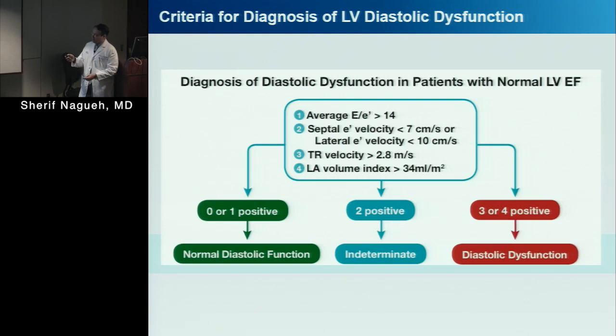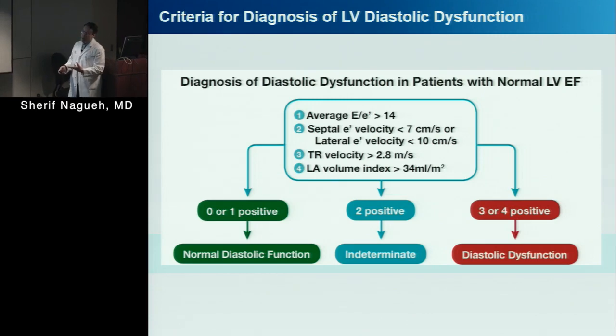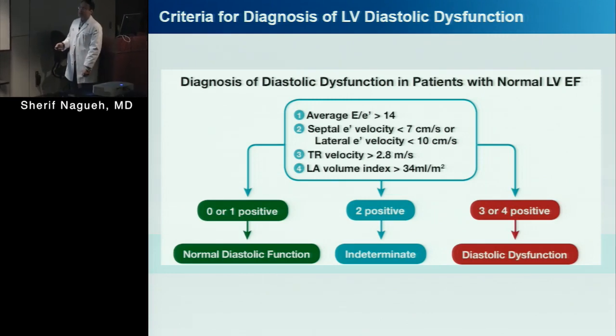Of those variables, the one with the least feasibility is the peak tricuspid regurgitation velocity. It requires the sonographer to look for it in multiple views to enhance the signals if needed, and sometimes, particularly in individuals with normal PA pressures, you may not end up with such a signal.